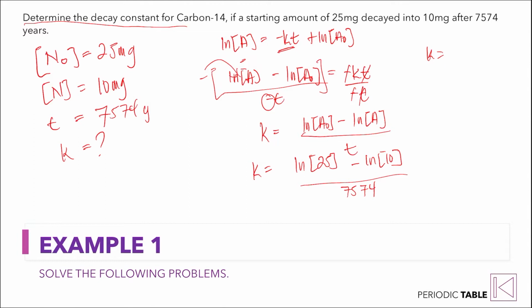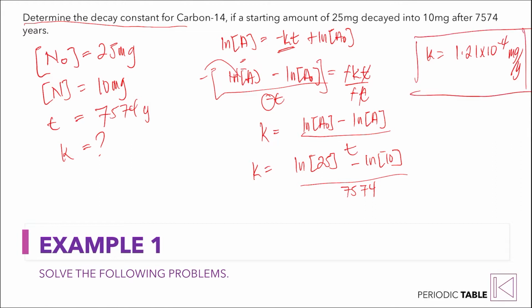So, that is 1.21 times 10 raised to negative 4. The unit for this is milligram per year, kasi we're given milligrams and the time unit is in years. So, this is the answer.